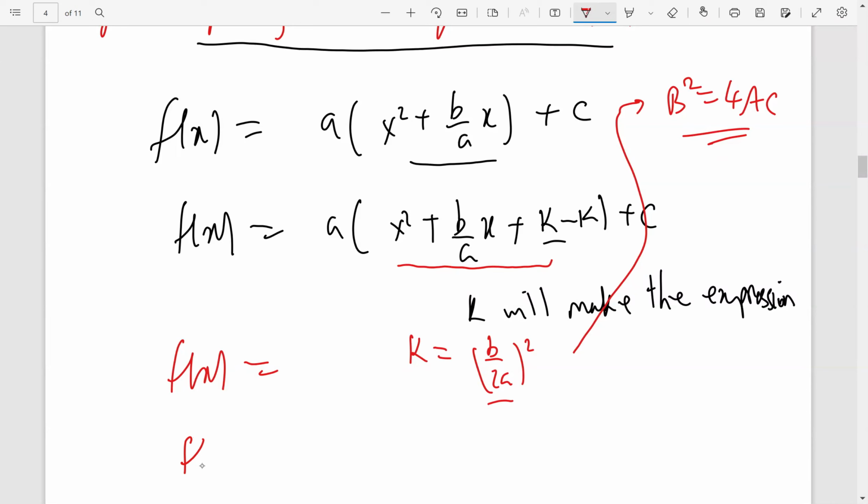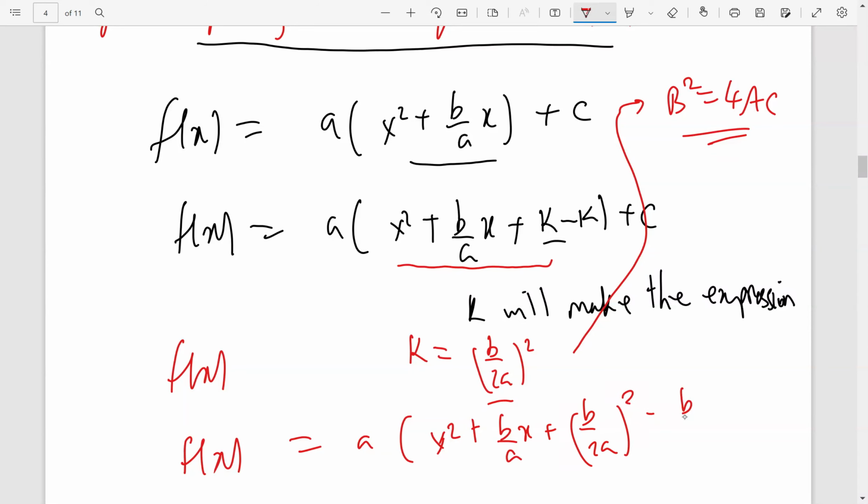So f of x, dear students, will be reduced to a in the bracket x squared plus b over a x plus b over 2a squared minus b over 2a squared, you close the bracket, plus c.